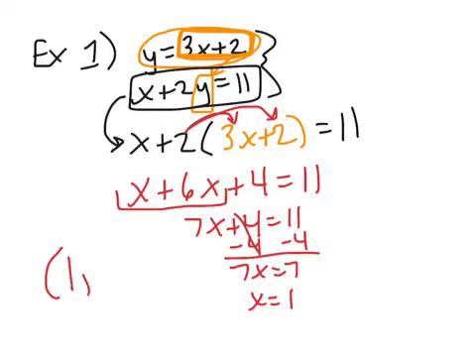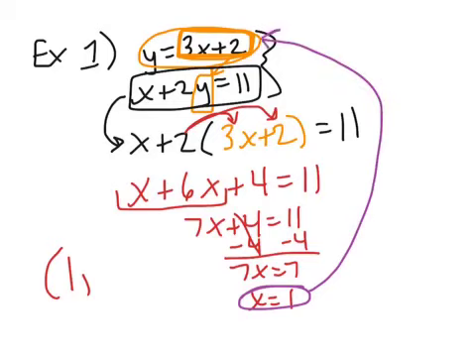The second part of my answer comes from taking this value of 1 and plugging it back up into our first equation so that I can figure out what y equals, because again, when I solve I have to have an x value and a y value. So I'm going to say y equals 3x plus 2, but I know that my x value is 1.